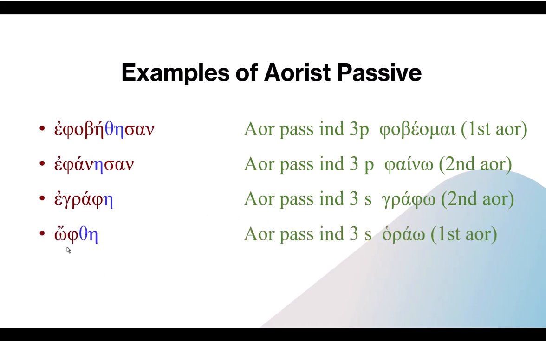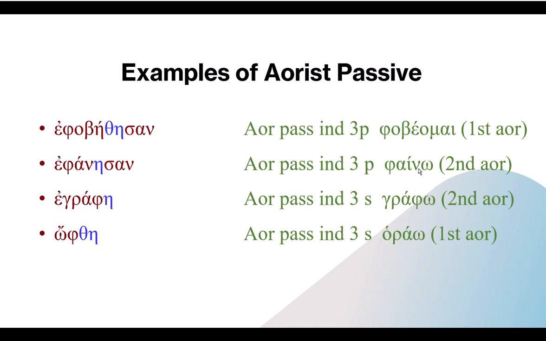Finally, we have ophthe. This goes back to the form of horao we saw. And so the the tells us it's an aorist passive. And we've got the third singular ending because there's no final ending here, making it null. So third singular. And basically, it was seen would be the translation of that.